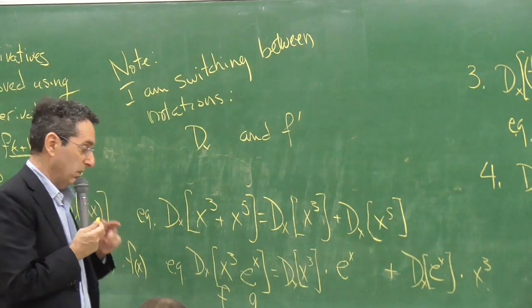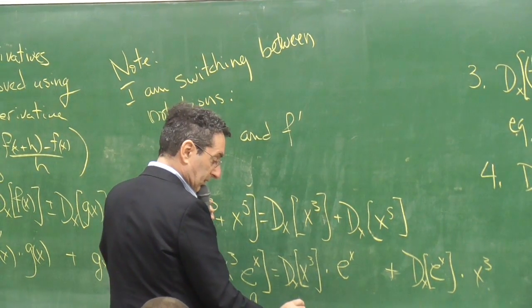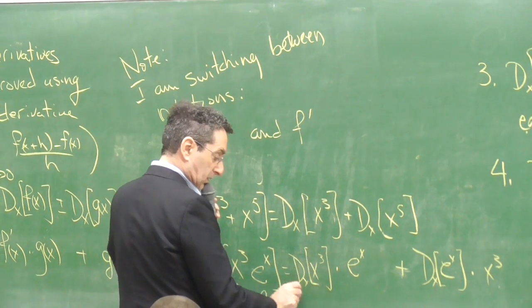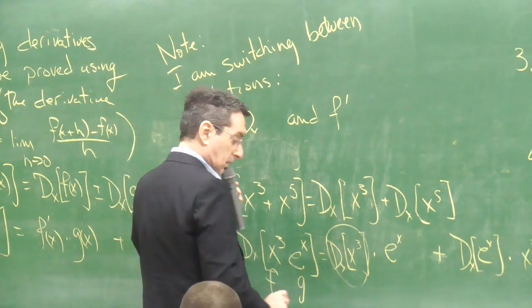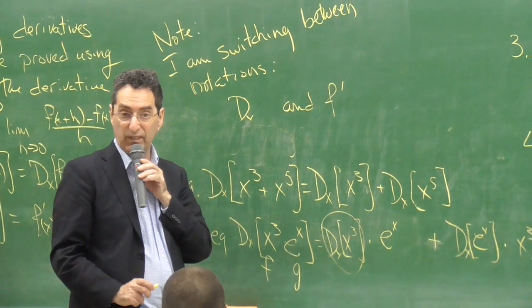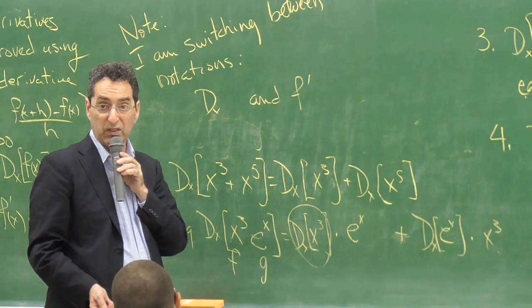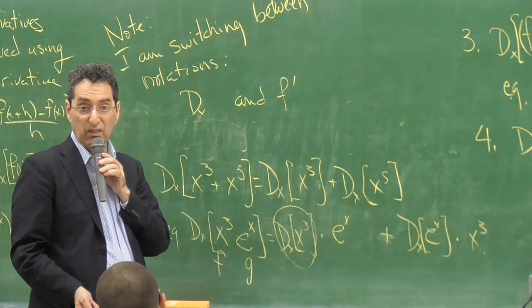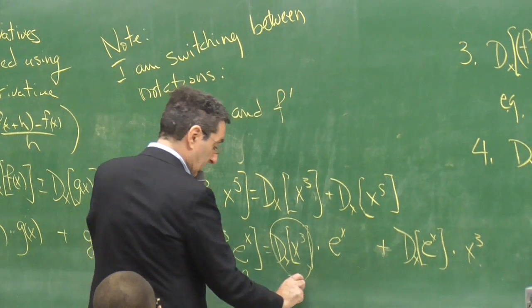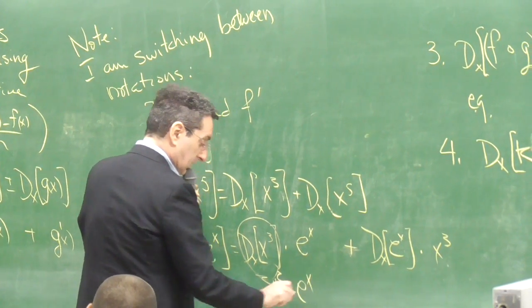Of course we can finish that. What's this one? The derivative of x cubed is what? 3x squared.